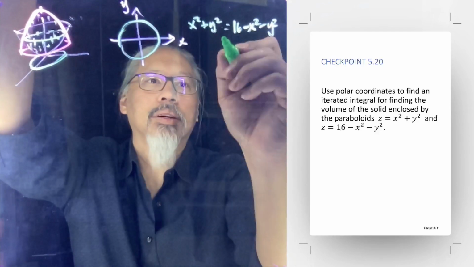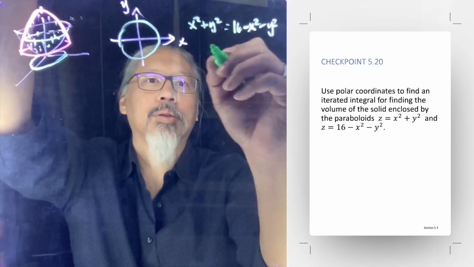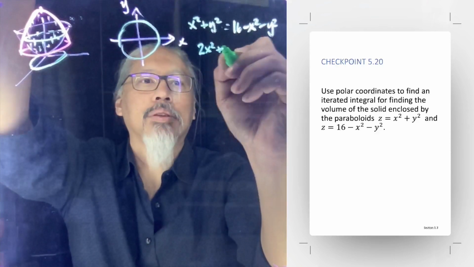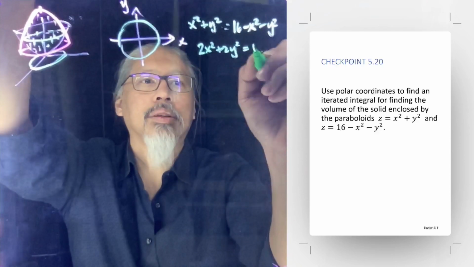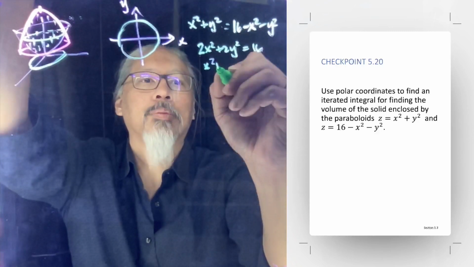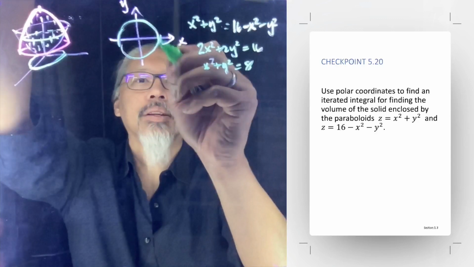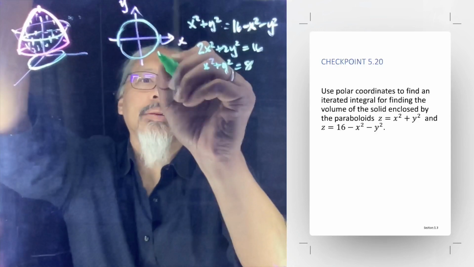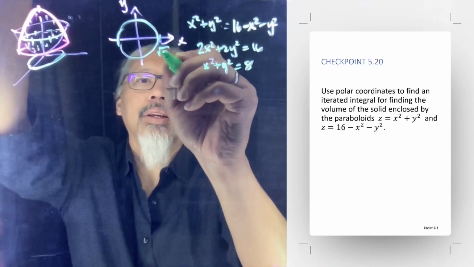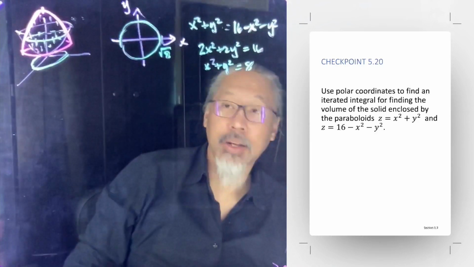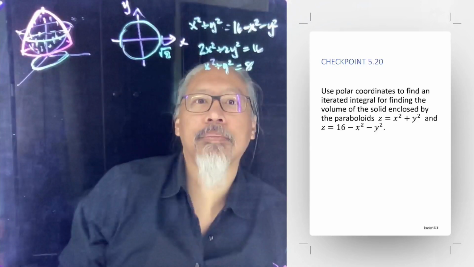If we bring the x squareds plus y squareds over to the other side, we have 2x squared plus 2y squared equals 16, or x squared plus y squared equals 8. So this is a circle, with a radius not 8, but actually the square root of 8.